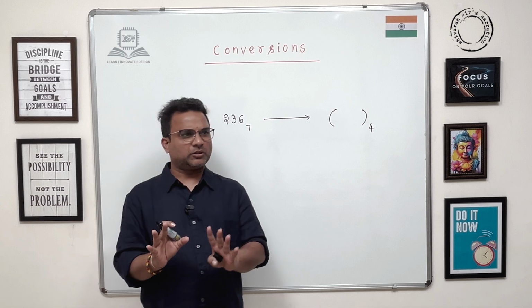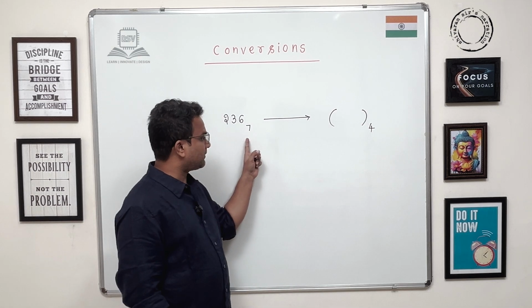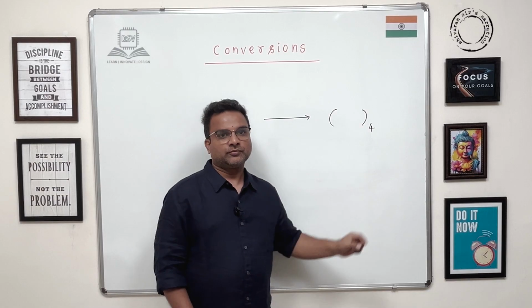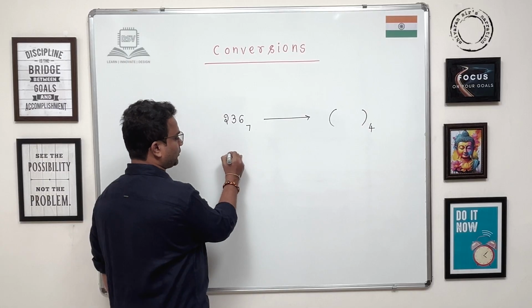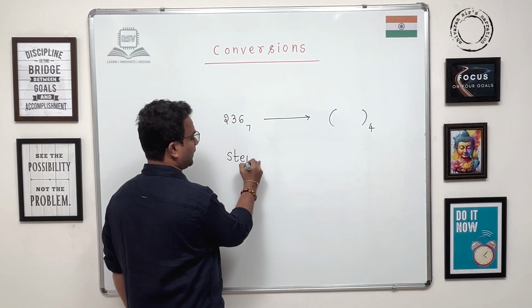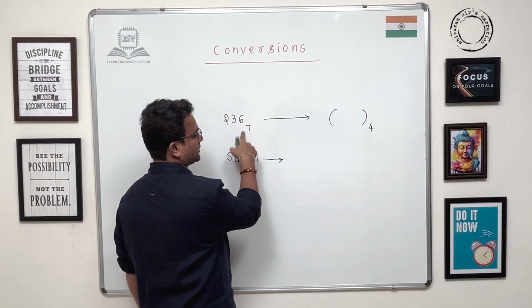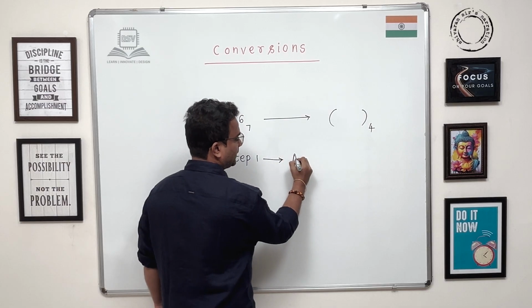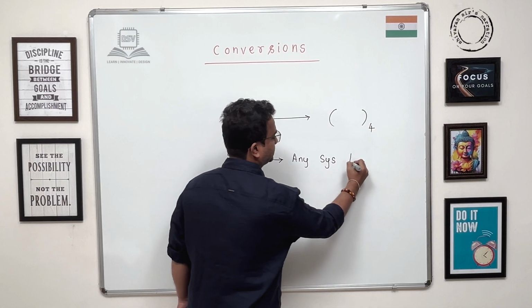No need to remember the direct procedures which will convert base 7 to base 4. The two-step procedure is: first, in step 1, we will convert any one particular number system to decimal. Say, any system to decimal.